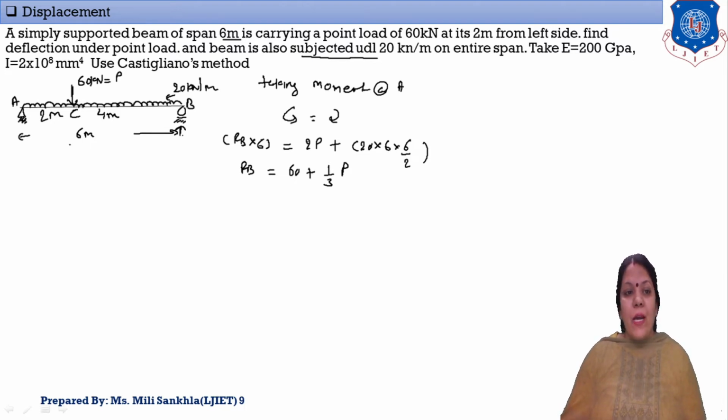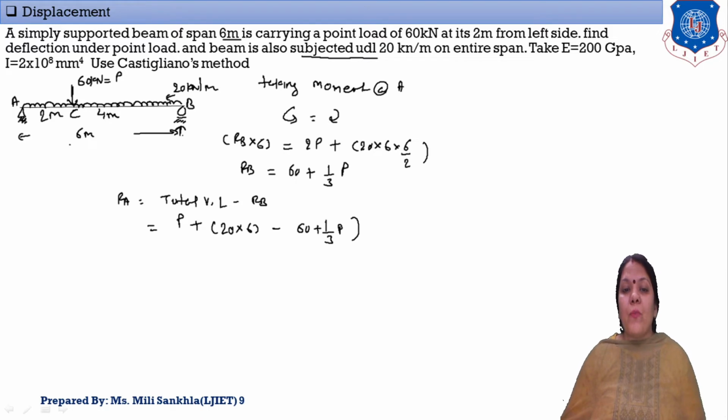Now we find RA. RA is equal to the total vertical load minus the support reaction RB. What is my total vertical load? First of all P, plus second is our UDL, which is 20 into distance, and RB is 60 plus 1/3 of P. After simplification, my RA is equal to 60 plus 2/3 of P. Clear?